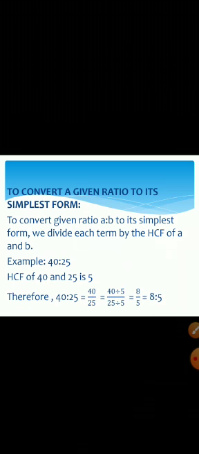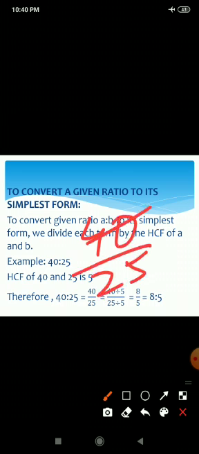The highest common factor of 40 and 25 is 5. So we will divide both numbers by 5. 40 by 25, we can cut it: 5 eights are 40, and 5 fives are 25. So you will get 8 is to 5 as the answer.